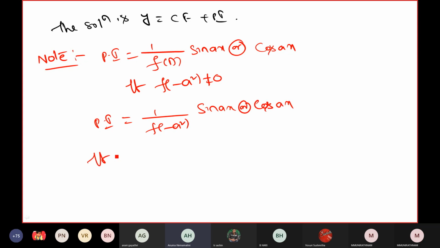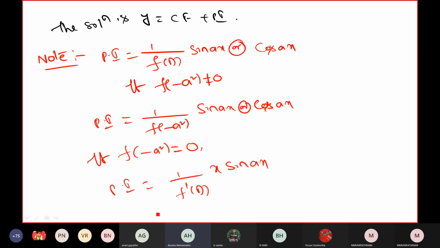If f of minus a square equal to 0, then PI is 1 by f dash of D, replace sin ax by x sin ax. Okay, replace sin ax by x sin ax.